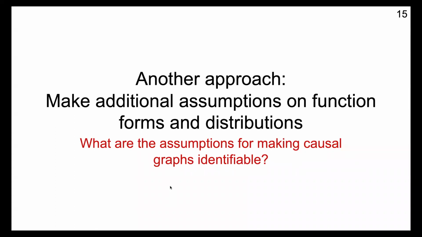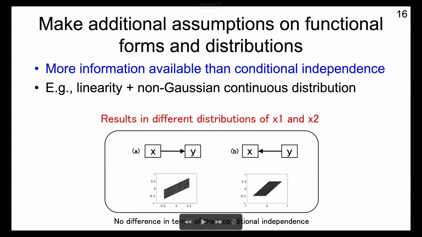So, when we make some additional assumptions about the functional form and distribution, more information becomes available than just the conditional independence of variables. For example, take a look at these two graphs.